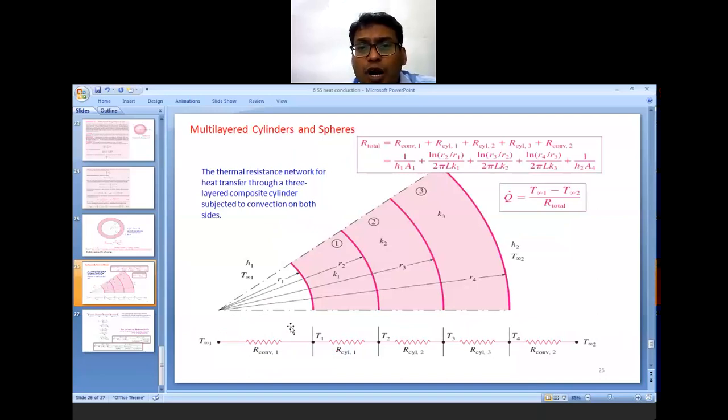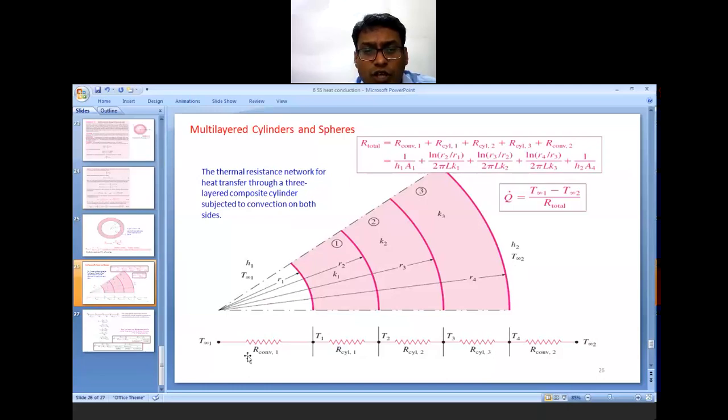Now for a composite cylinder, we have to take into account the different resistances. This is the figure corresponding to the first layer, second layer, and third layer of the sphere. You have to consider the different convective resistance on the inner surface and the convective resistance on the outer surface.